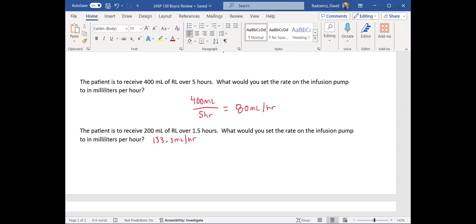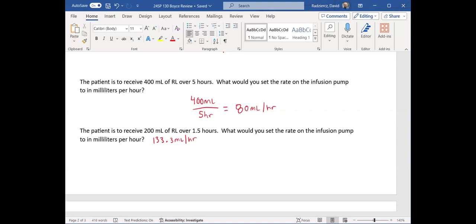But because they give you specific rounding rules to round to the nearest 10th, and you have a decimal there, the more precise answer is 133.3 milliliters per hour. However, in reality, you probably won't be able to set it to the 10th if it's a number like that. But you can have decimal milliliter per hour in your dosage calc answers.